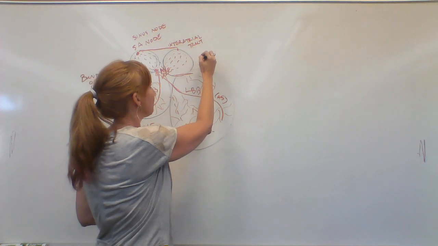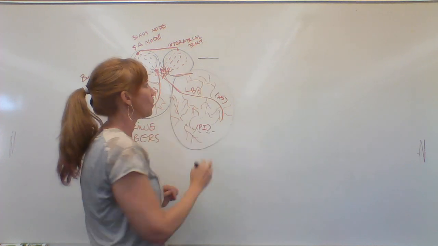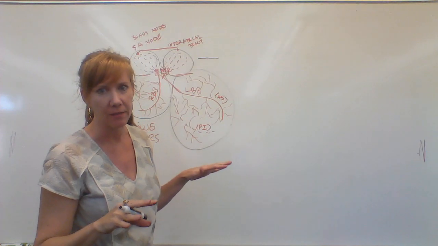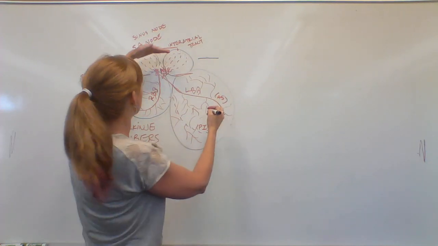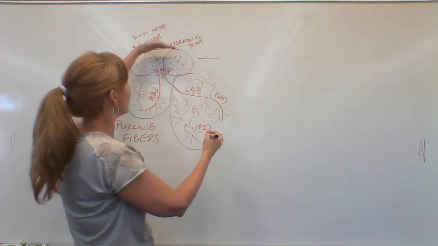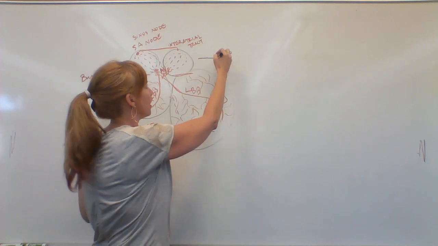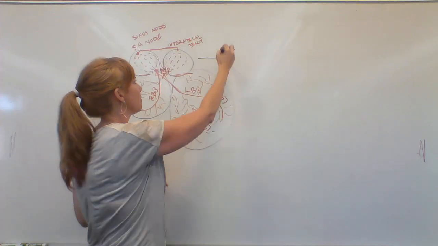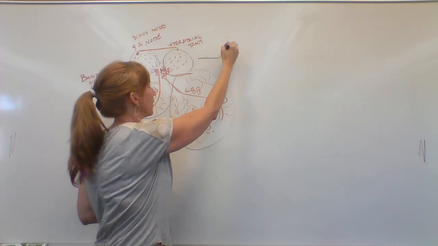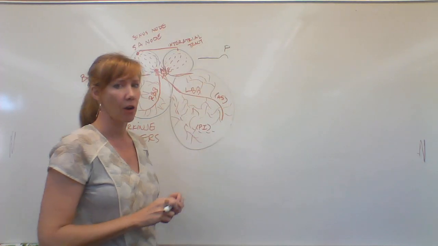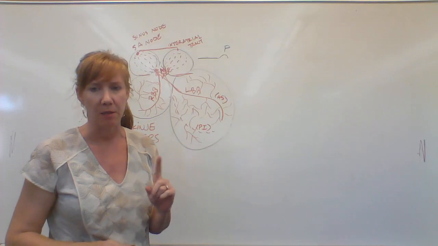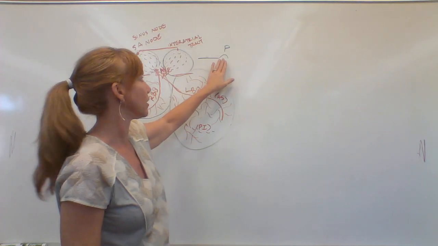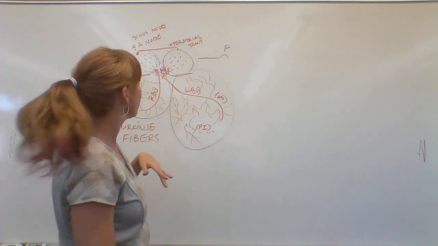So first we just get a flat line, where it means the machine is on, but there is no electrical activity happening. But then when this atrial activity occurs, atrial depolarization, it causes a small wave that we're going to call the P wave. So we know that atrial depolarization occurred. Then hopefully atrial kick happened, but that's mechanical. We can't see that on EKG. We can only see the depolarization.